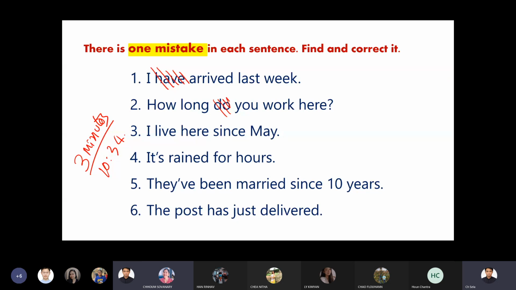You delete do also. Okay. How about the next student? I'm not sure, but can we change the word or just delete? No, you can change. The one mistake that we ask you to find and correct, not just delete. Make sure the sentence is correct. That's it.